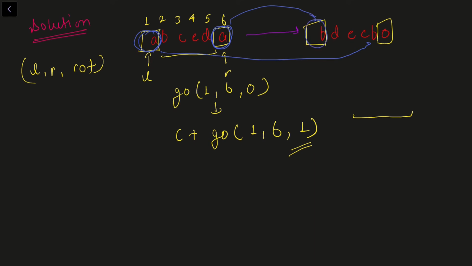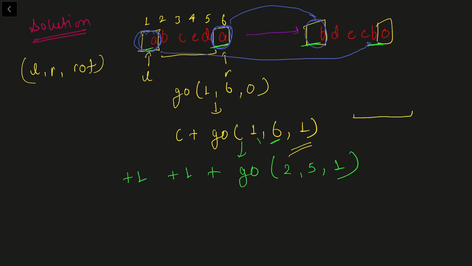So from this place, our transition will be, if our first character is not equal to the last character, we'll add 1, and similarly, if the last character of string A is not equal to the first character of string B, I'll again add 1, and then I'll transition to 1 plus 1 2, 6 minus 1 5, comma 1. Okay, so that is the only transition that I can make.